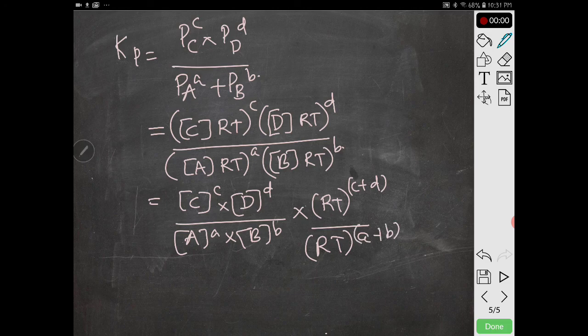So what is c plus d? c plus d is equal to number of moles of products. Am I right? Refer to the equation.